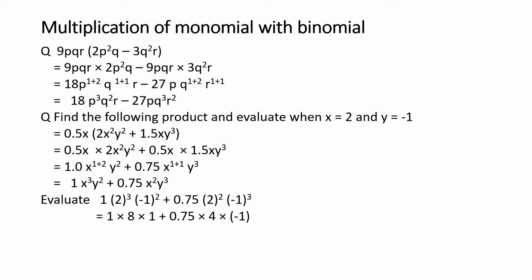Now we are going to solve it. 1 into 2 raised to power 3 will become 8, minus 1 raised to power 2 will become 1, and 0.75 multiplied by 4 into minus 1. 1 into 8 into 1 is 8, and 0.75 into 4 into minus 1 will become minus 3. So 8 minus 3 is equal to 5.